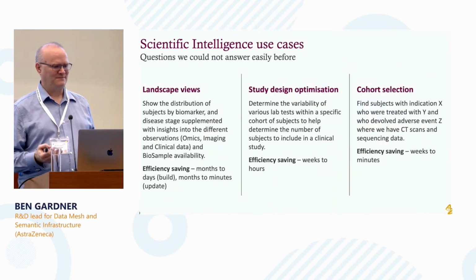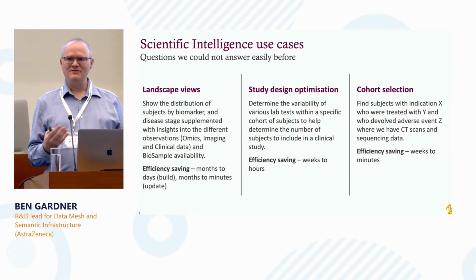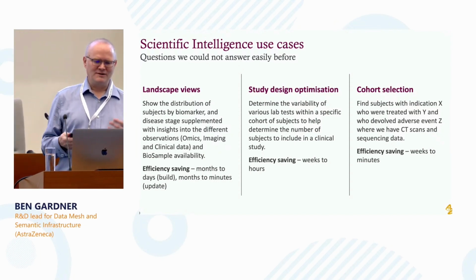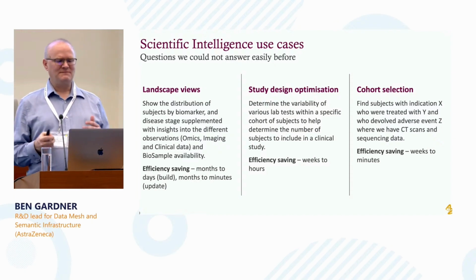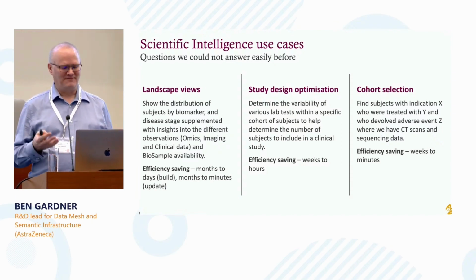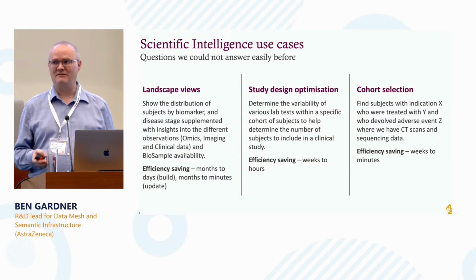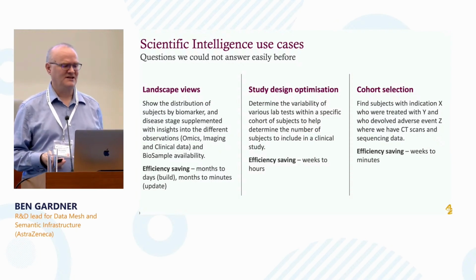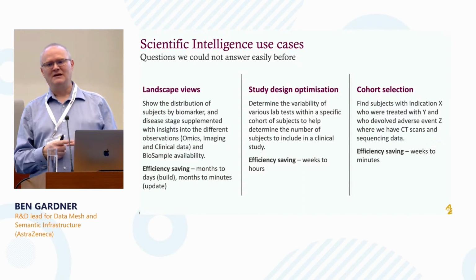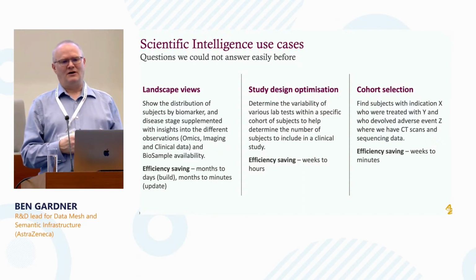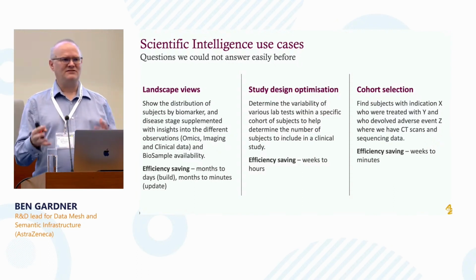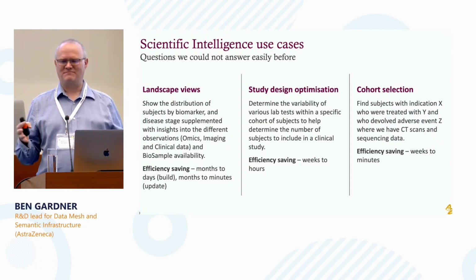Now, the use cases that we then see people using this for are doing a number of different things, and these tend to be difficult queries that they weren't able to do previously, or if they did them, it took them a very long time to do it. So there are three examples here. One's a landscape review. So we're often trying to understand, how much data do we have across this profile?